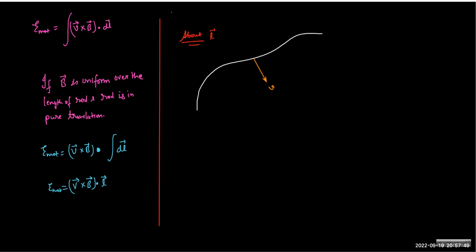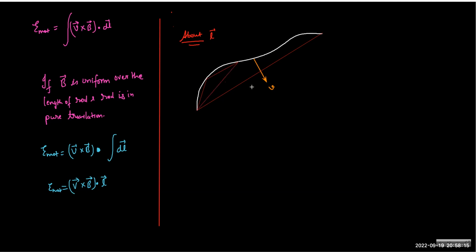If you look at the beginning of the segment and the end of the segment, because if you add multiple dl vectors, if you add this dl with this dl, we know from the vector triangle law, this will be the resultant, right?